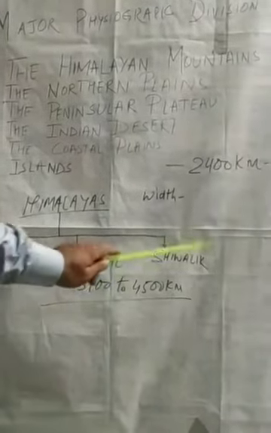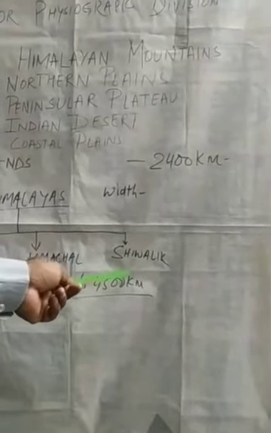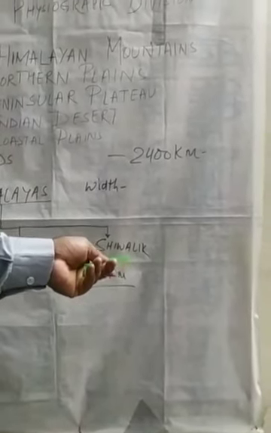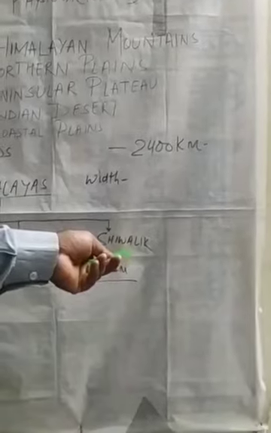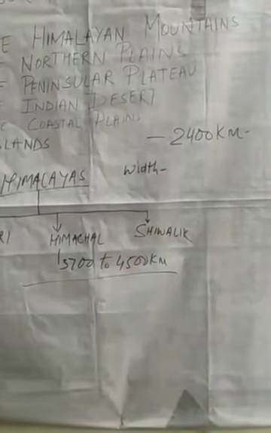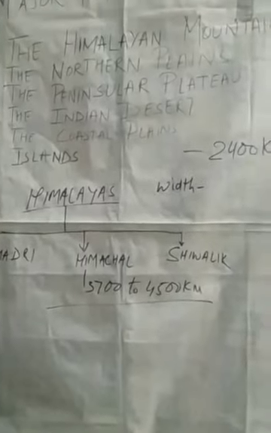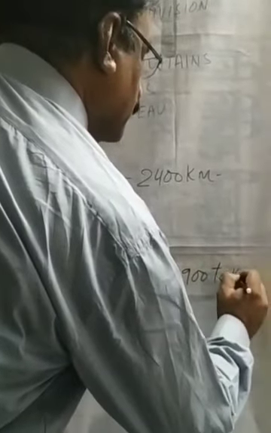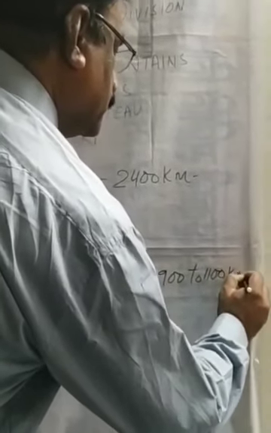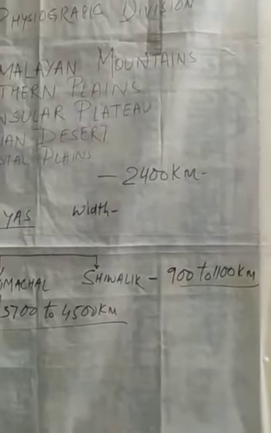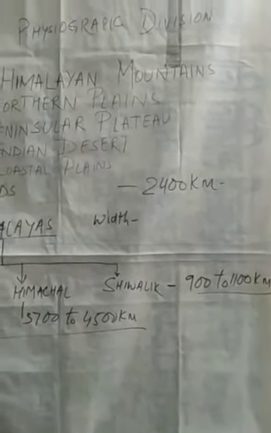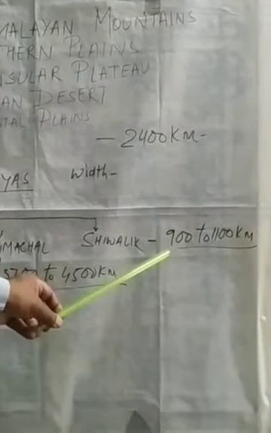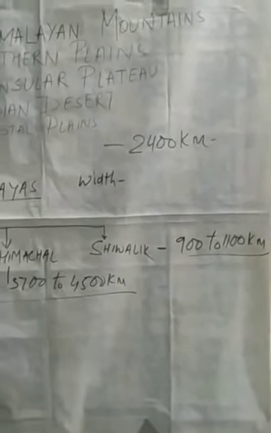The last or outermost range of Himalaya is Shivalik. It extends over a width of 10 to 15 km and has an altitude varying from 900 to 1100 meters.